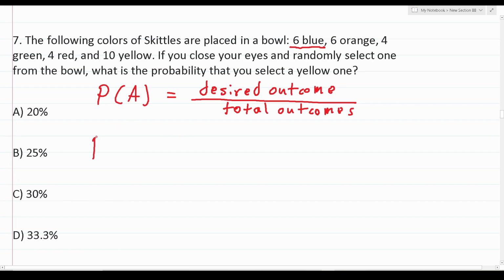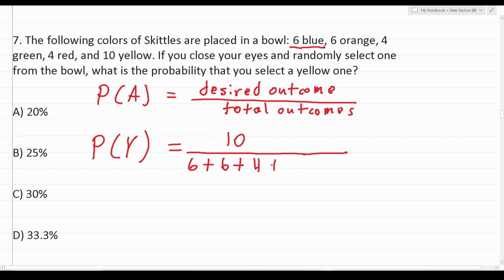All right, so let's go ahead and apply this to this problem. We want to know the probability of selecting a yellow Skittle. Well, how many yellow Skittles are there in the bowl? There's 10 of them. And how many Skittles are in the bowl in total? There's 6 blue, 6 orange, 4 green, 4 red, and 10 yellow.